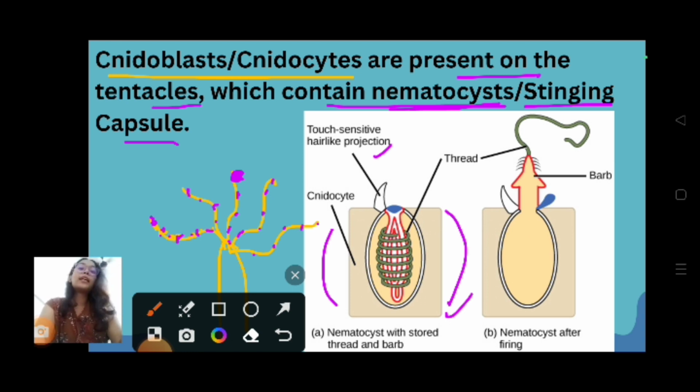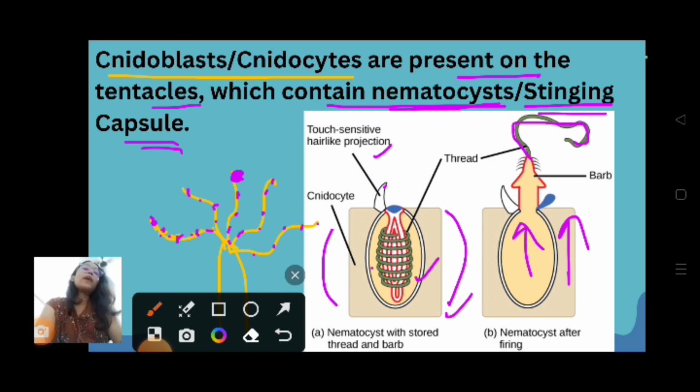So here also this will act as a trigger. Then what happens: this whole part which is inside, present over the tentacles, whenever there is any prey or predator, this whole structure will come out like this. It comes out with a thread. This will act as a stinging capsule.